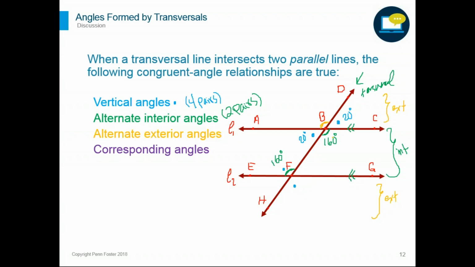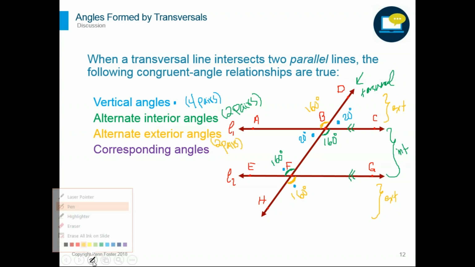The other one would be to the right of the transversal and still outside. That would be the other angle in that pair. Again, alternate exterior angles have the same measure. So this is 160, and this one, because it's an alternate exterior angle to this one here, would be 160. It's 2 pairs as well.